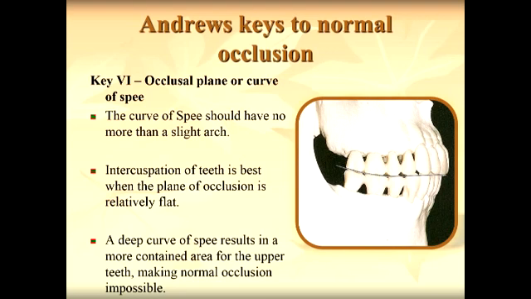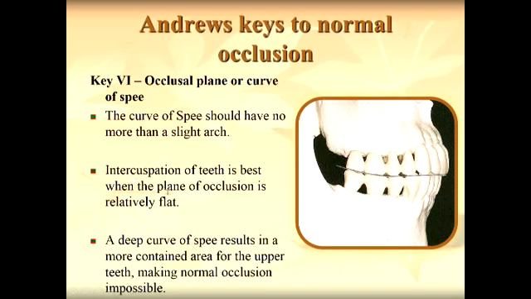Now, Dr. Andrews spoke about the occlusal plane or curve of Spee. This is the curve of Spee. There must be not more than 1 to 2 millimeters in depth. Therefore, the curve of Spee should have no more than a slight arch.